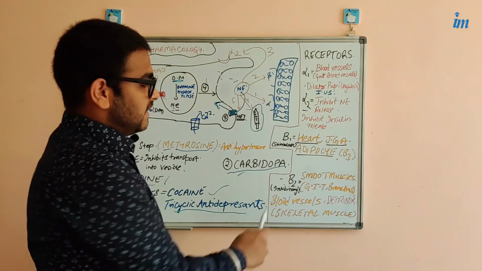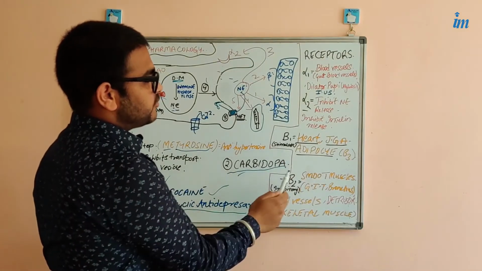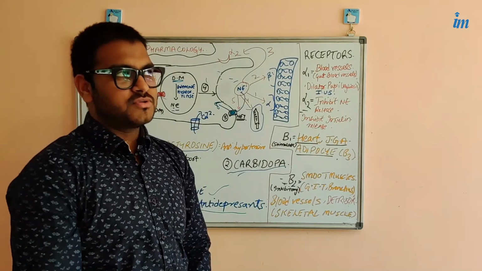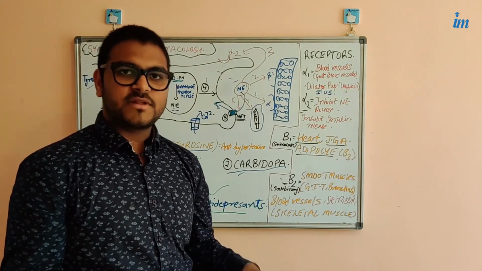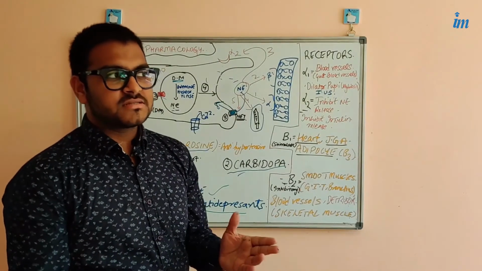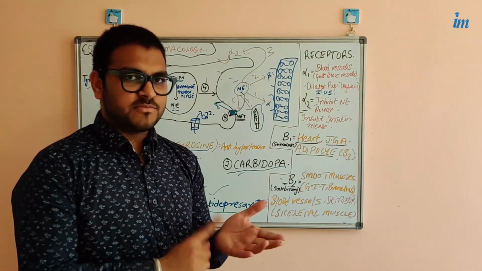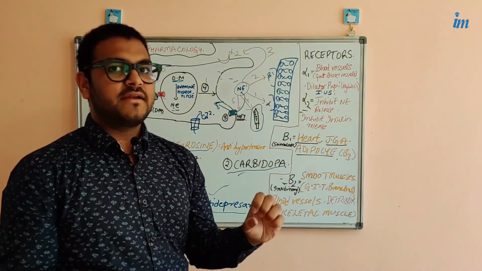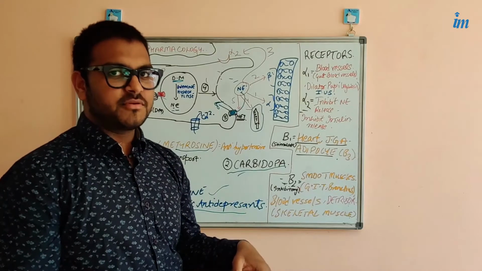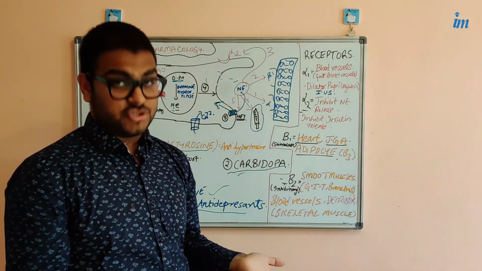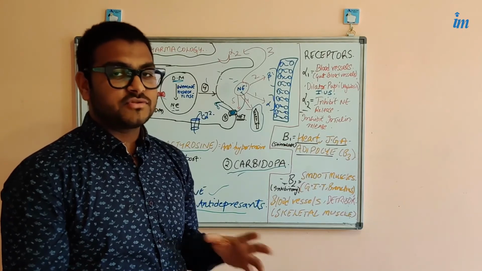Whereas the inhibitory receptors, for example beta 2 and alpha 2 receptors, produce relaxation of the blood vessels and relaxation of the smooth muscles. So this is the effect you should remember. Stimulatory means constriction of the vessel and smooth muscle. Inhibitory means relaxation or dilation of the vessel, and relaxation of the smooth muscles.